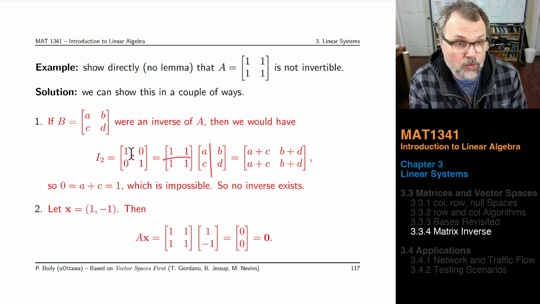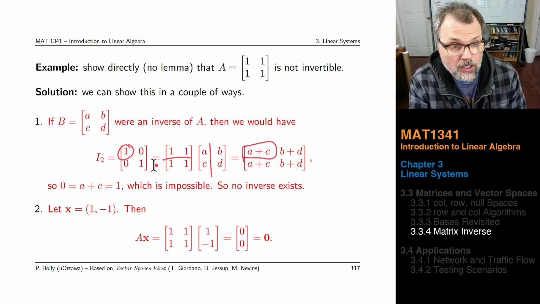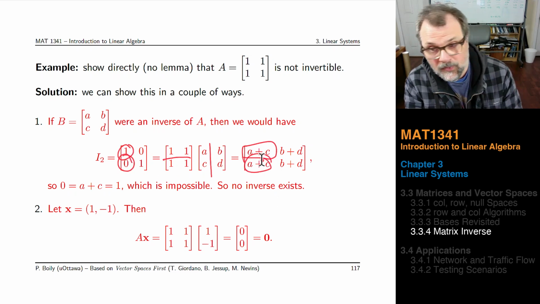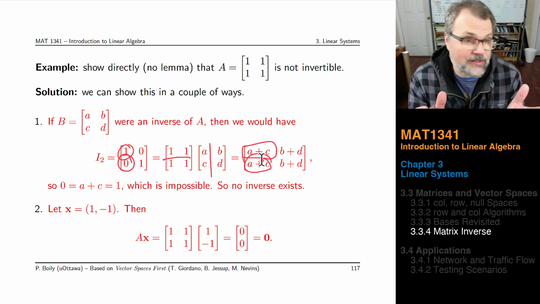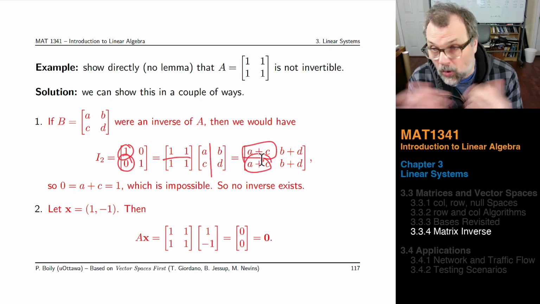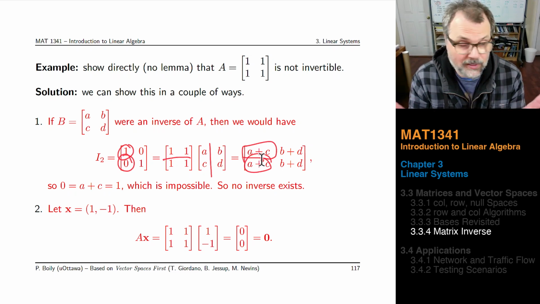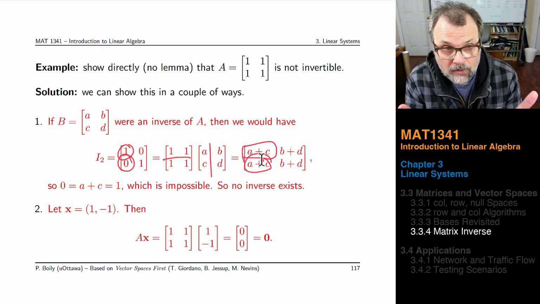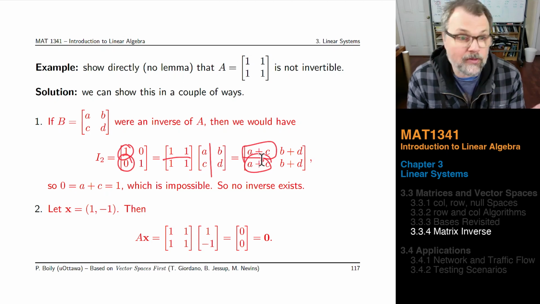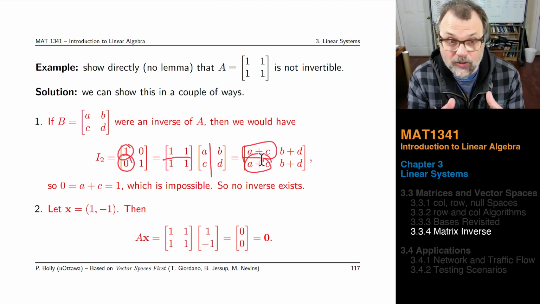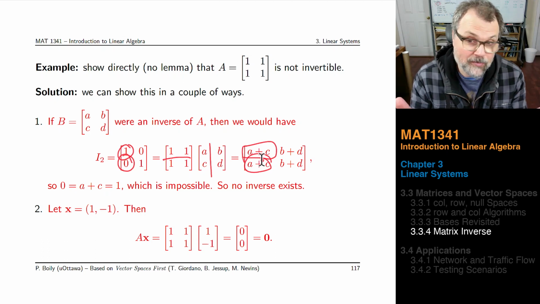That would mean on the one hand that 1 is equal to A plus C, because this is what it means for these two matrices to be equal. But it would also mean that 0 is equal to A plus C. So you would have to have that A plus C is 0 and that A plus C is 1. Both of these things cannot happen at the same time. It's either 0 or it's 1 or it's neither. But it cannot be both 0 and 1. So there cannot be an inverse.